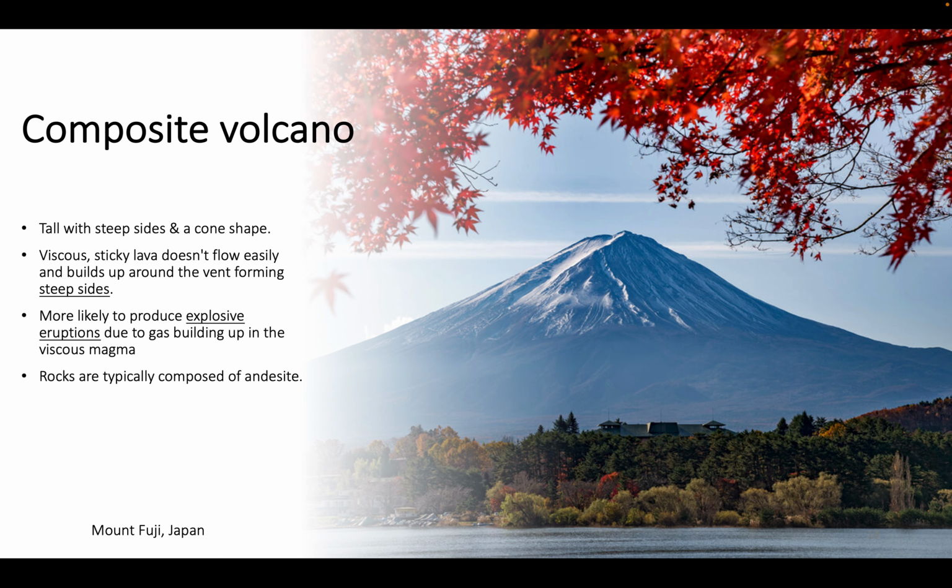The tall, steep, even sides are made out of repeated layers of lava flows, including volcanic ash, cinder blocks, and volcanic bombs. Some composite volcanoes rise over 8,000 feet above their surroundings, but they reach much higher elevations when compared to the level of the sea. Here in this image, you will see Mount Fuji in Japan.